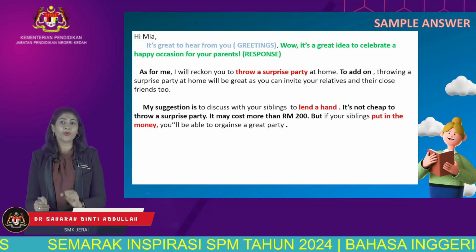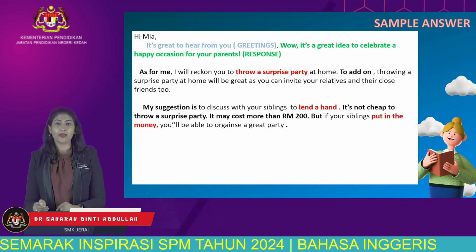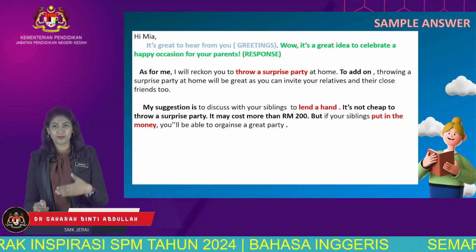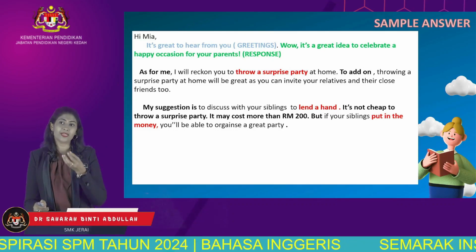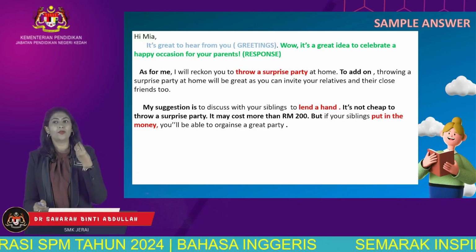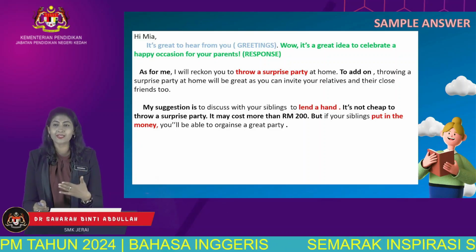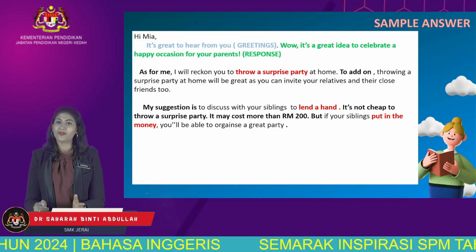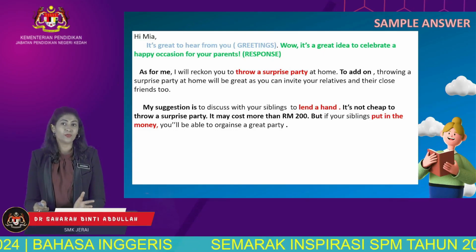Throw a surprise party, where it is mentioned, at home, and how much? It is around 200, and there are elaborations. When elaborations are there, and all these linkers are used well, there are cohesive devices, and the answers are well planned and organized, then it is going to be C5, CA5, O5 and language 5 because there are no mistakes.